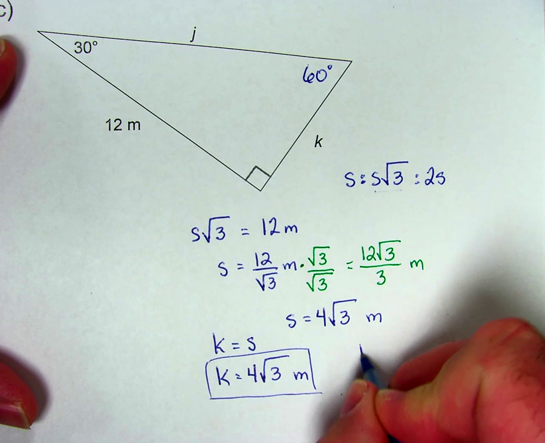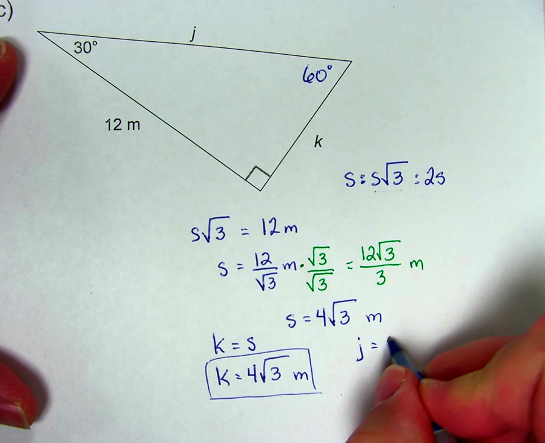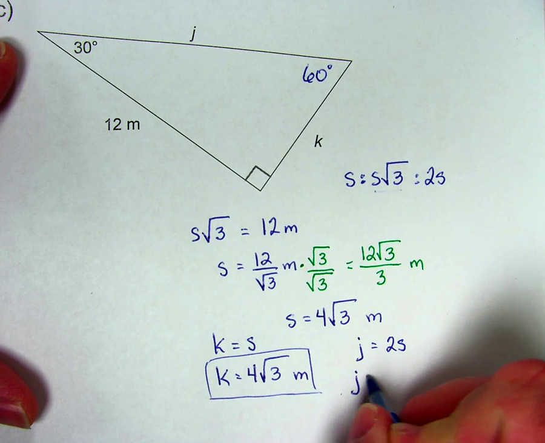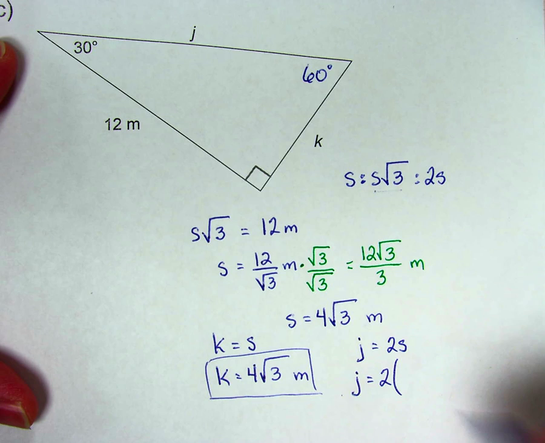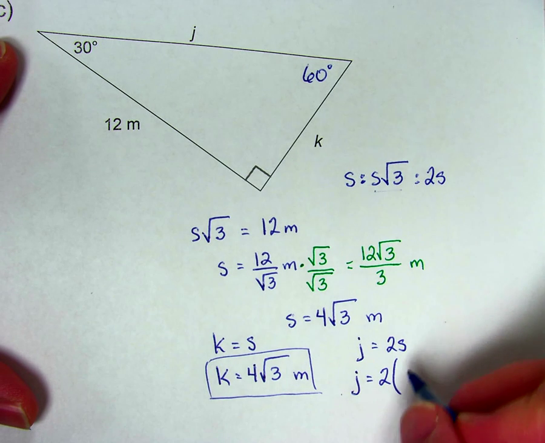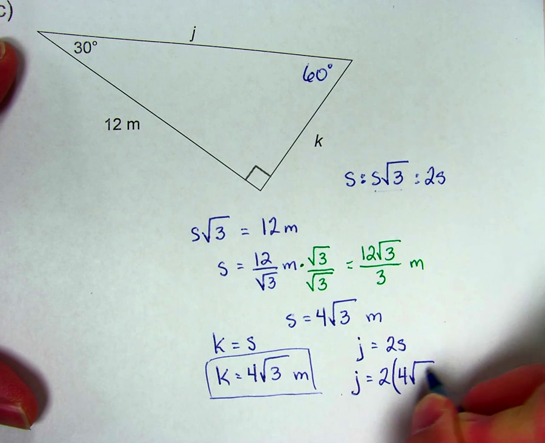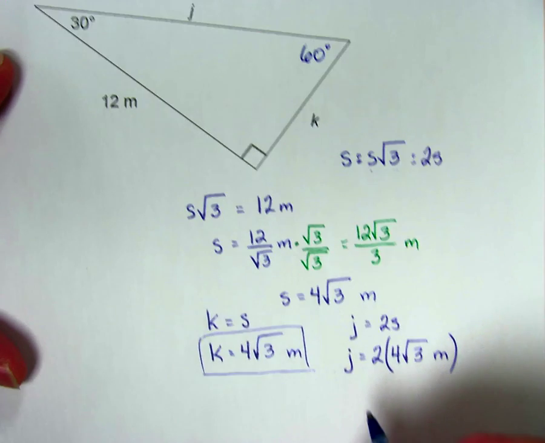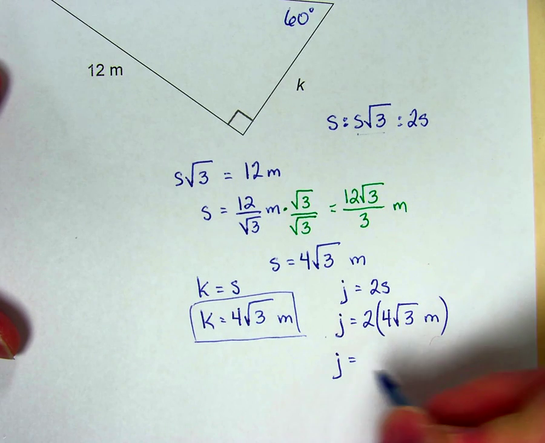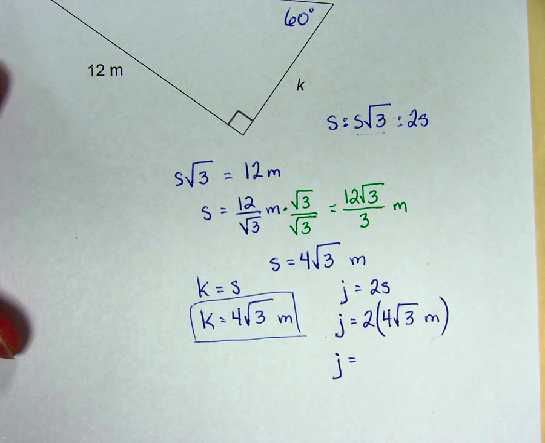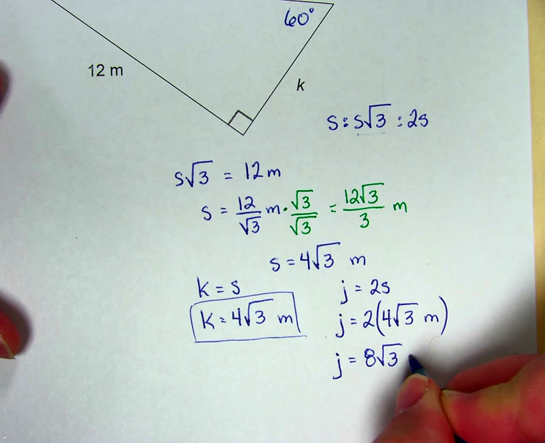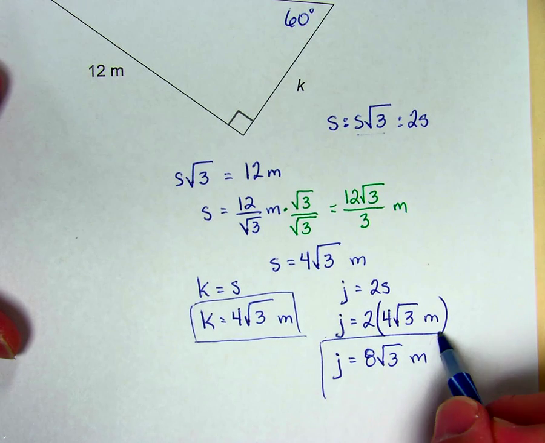So we know that J is equal to 2 times S. We found that S was 4 times the square root of 3. So we're going to have J equaling 2 times 4 times the square root of 3 meters. And so 2 times 4 is 8. So we have 8 times the square root of 3 meters as our value for J.